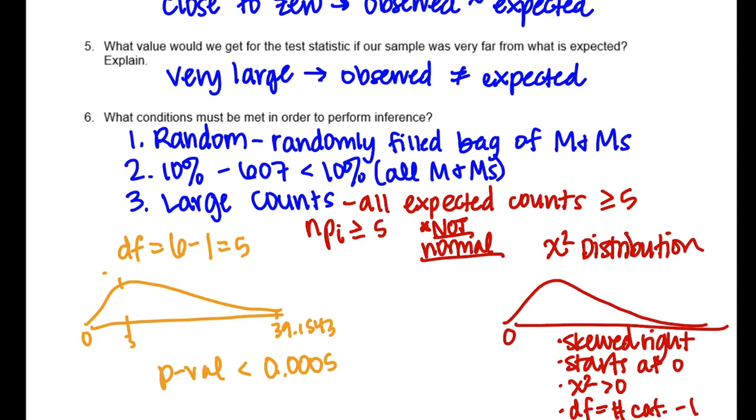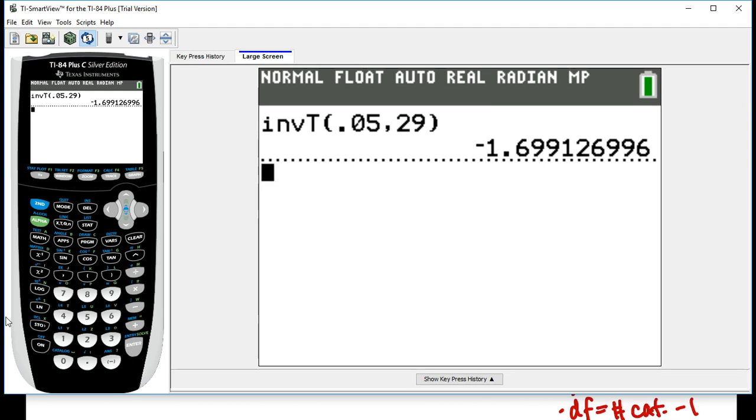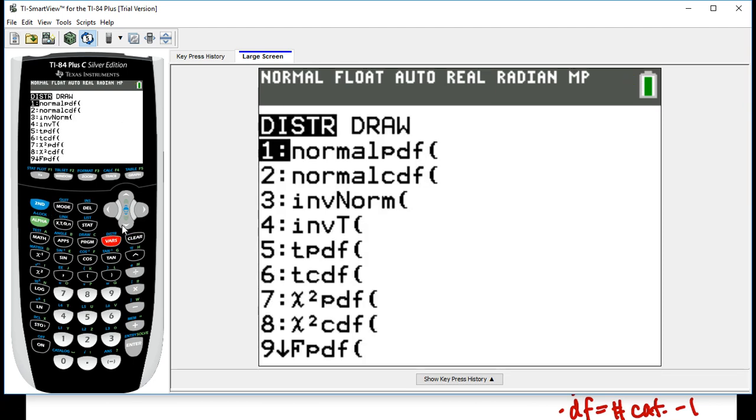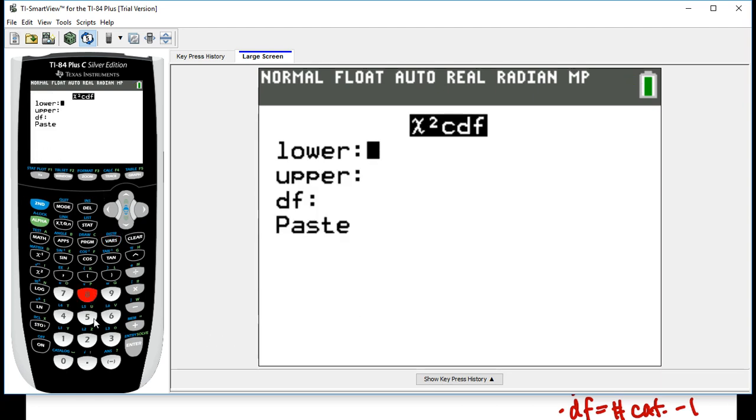But I could also use, of course, a CDF in the calculator. So I'm going to show you that. We have second vars. We're looking for chi-square CDF. See, it's number 8 right there. Our lower is always the chi-square, which was 39.1543 for my class. This might be different for your class.